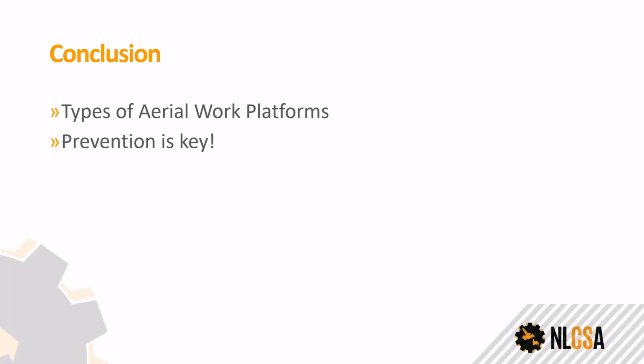Prevention is key. We need to develop these things before we are working and make sure that they are effective. So keep checking back and making sure that people do have the training and that they are using the equipment and things like that. Unfortunately, a slight error in judgment can lead to a fatality.